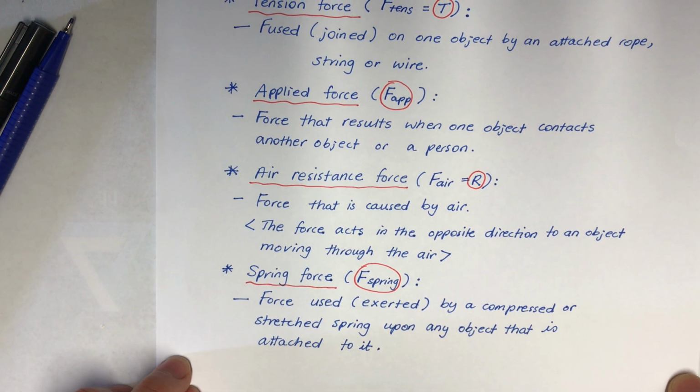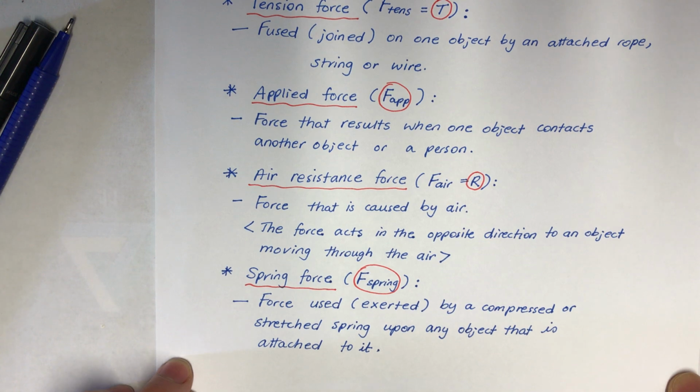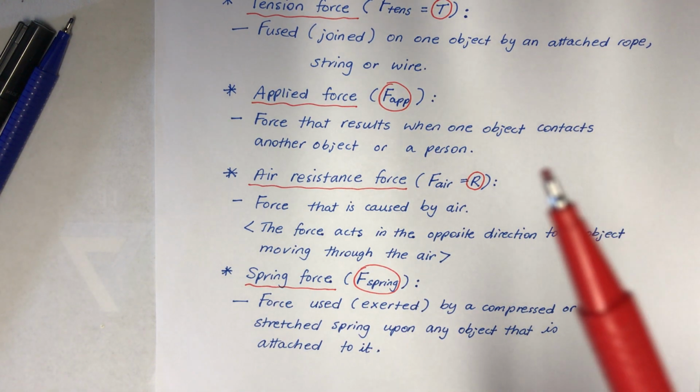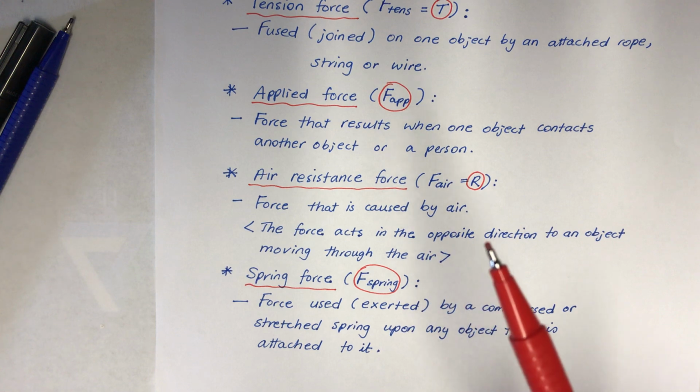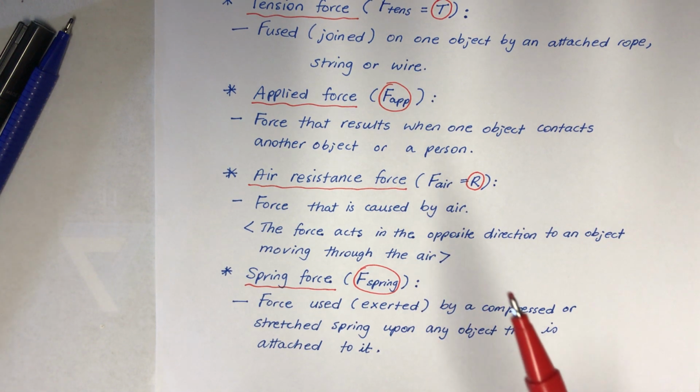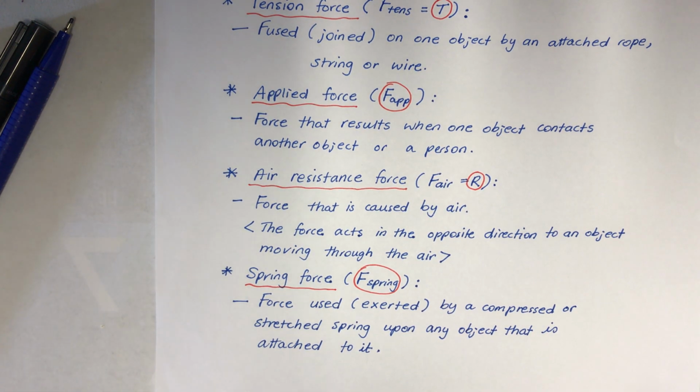And there is a spring force, the force exerted by a compressed or stretched spring upon any object that is attached to it. This spring one comes down but it will go back to where it started, so it sort of applies equilibrium.